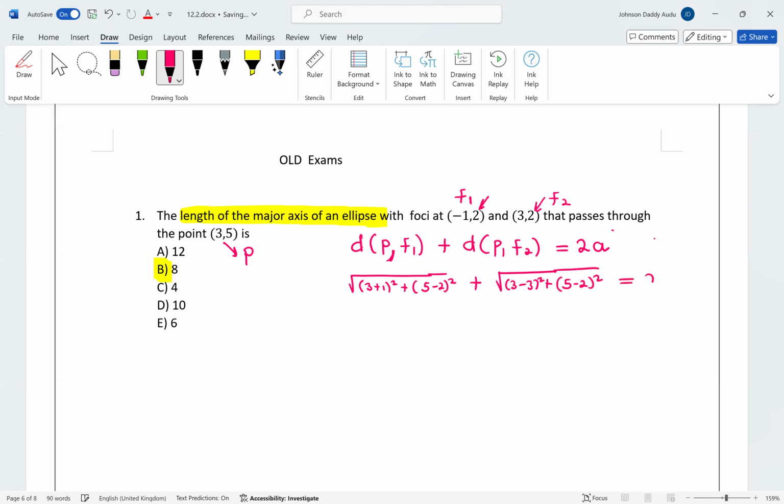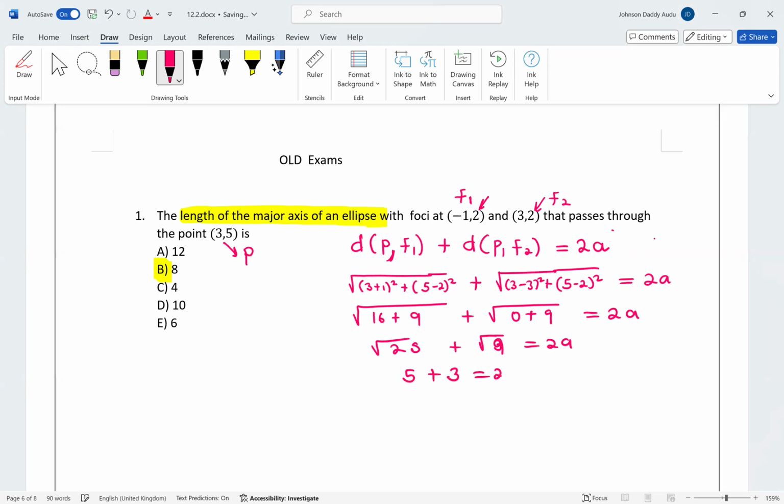All of this distance is equal to twice a. If you look carefully, this is 4, so this will be the square root of 16 plus 9, plus the square root of 0 plus 9, equals 2a. So this is the square root of 25 plus the square root of 9, equals 2a. This is 5 plus 3, equals twice a. So 2a is equal to 8.